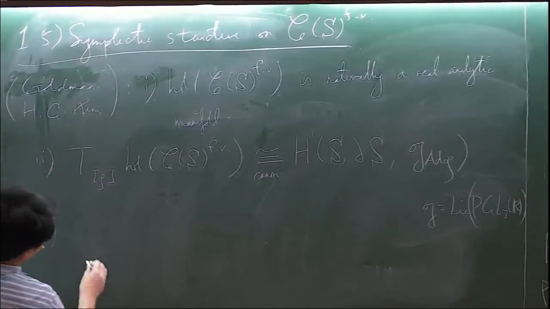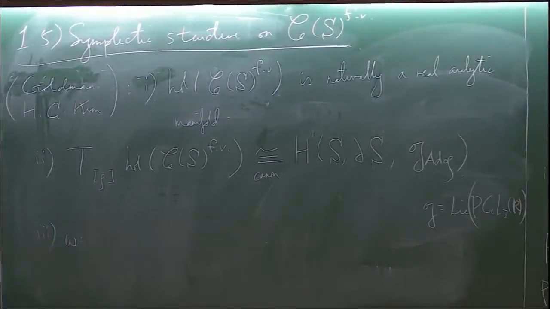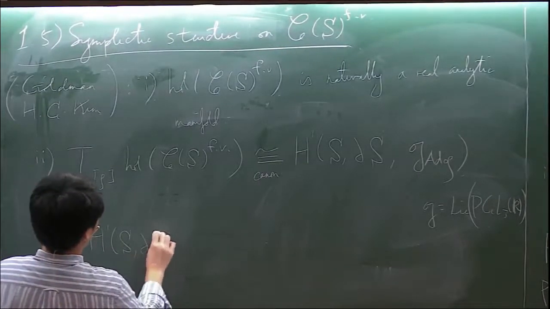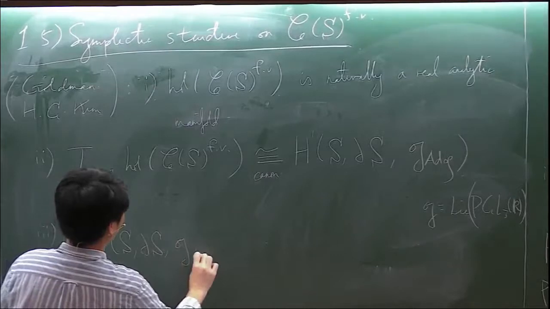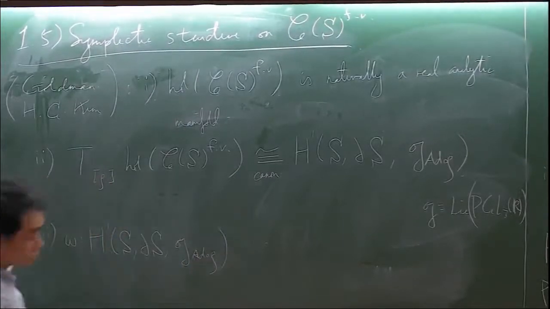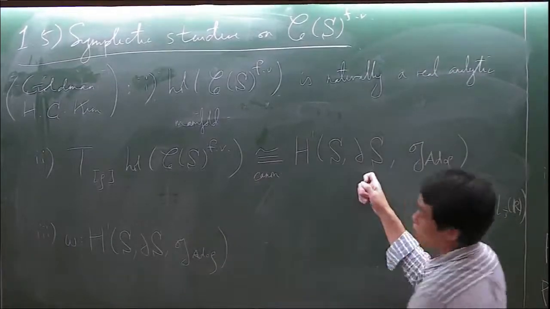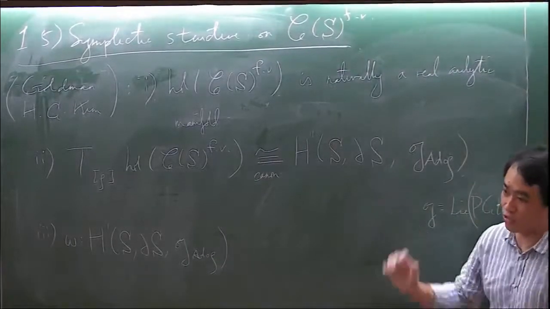And the third thing is you can now define a skew-symmetric bilinear pairing on this space. So you take S, boundary of S, G at rho. Here around the puncture it all has to be 0.